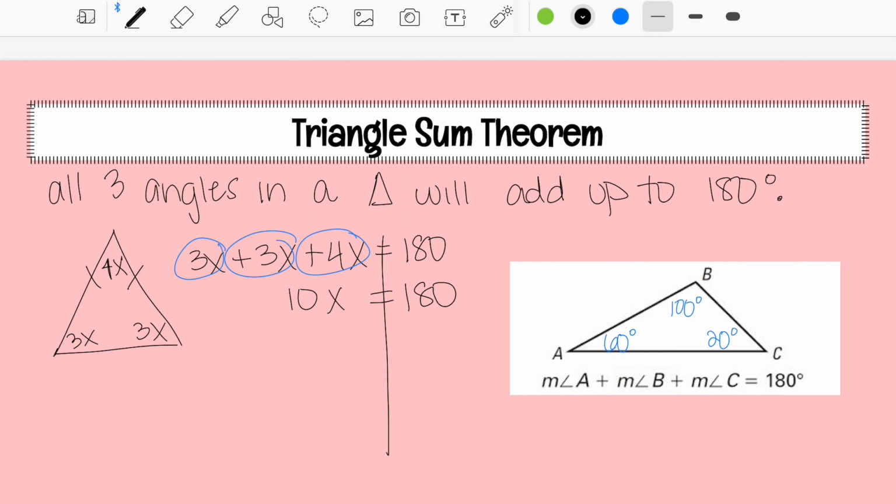Right now, x is being multiplied by 10, and I want to isolate it by using inverse operations of dividing by 10. 10 divided by 10 simplifies to 1, so I am left with 1x on the left-hand side, and 180 divided by 10 is 18. So we get that x will equal 18 right here.